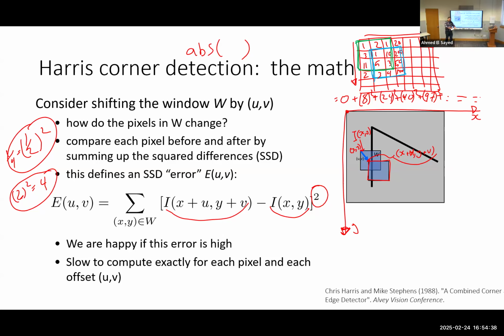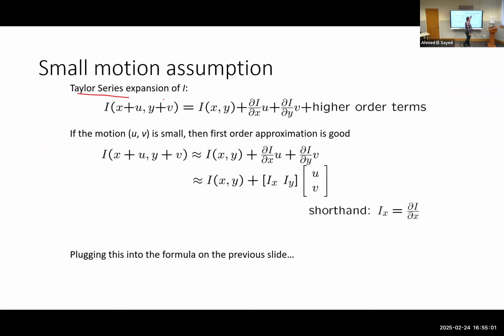So I'm shifting 2 windows with me. Is it something easy? No, it will take long calculations. That's why we thought about using a technique to approximate this, something that makes our life easier in calculation. How did they decide to do this approximation? By using something called Taylor expansion.